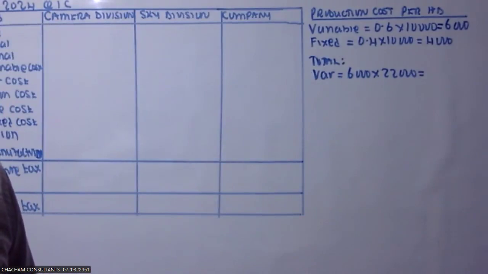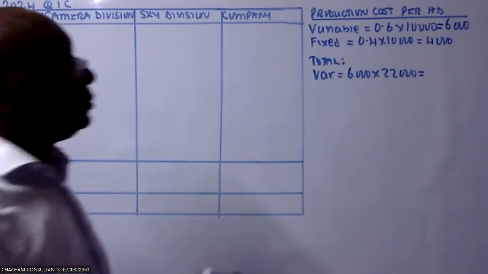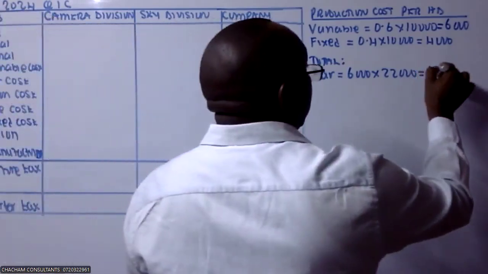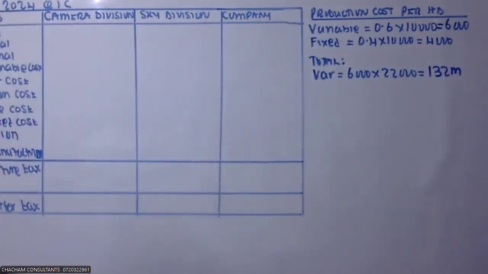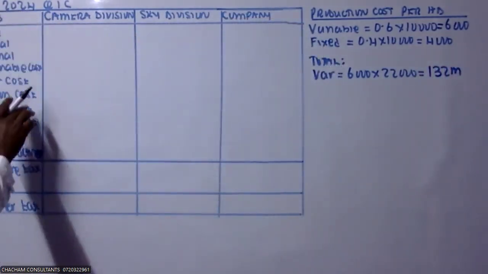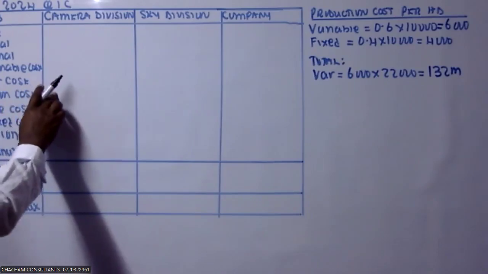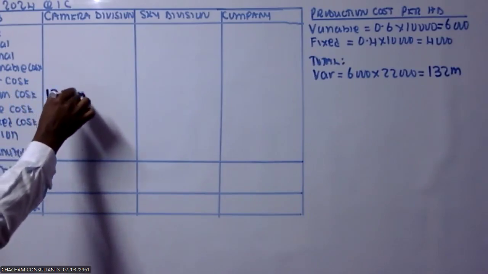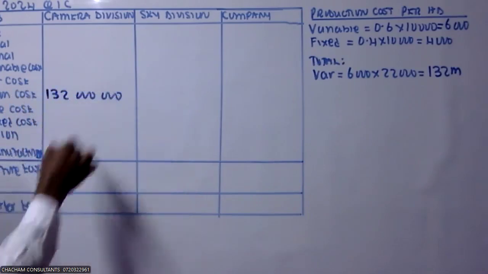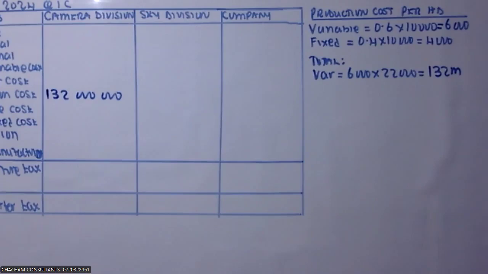That's coming to 132 million. So that 132 million you will put here for the production cost of camera. That is the variable.